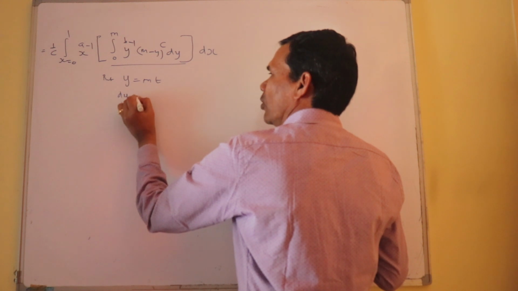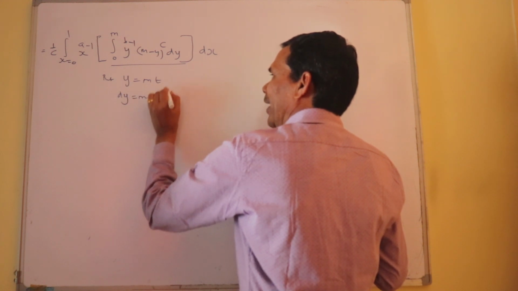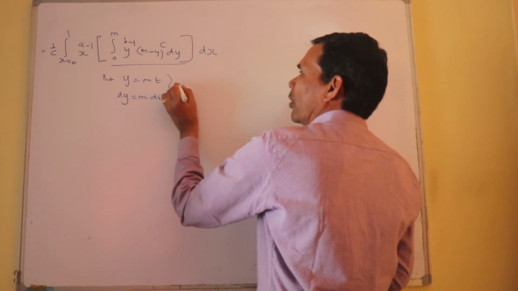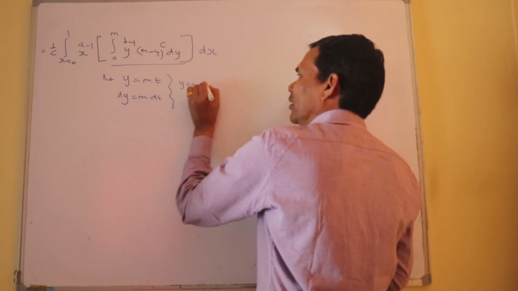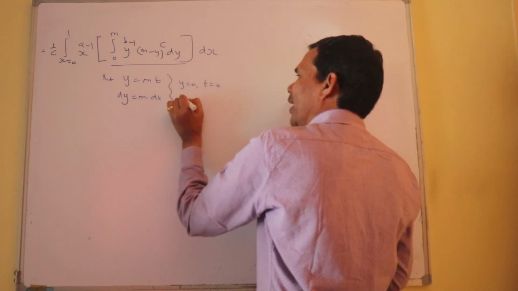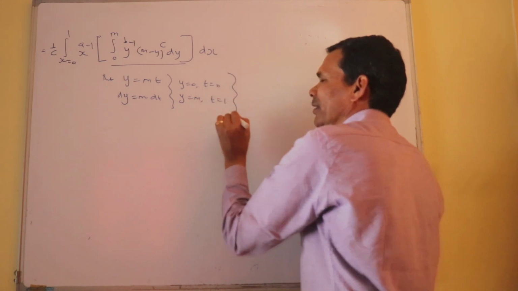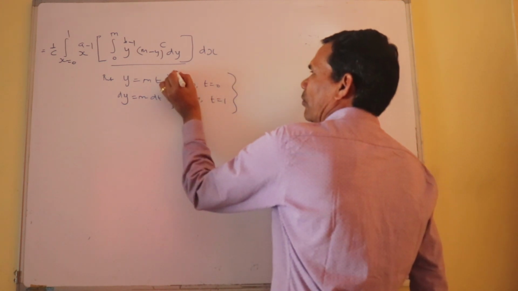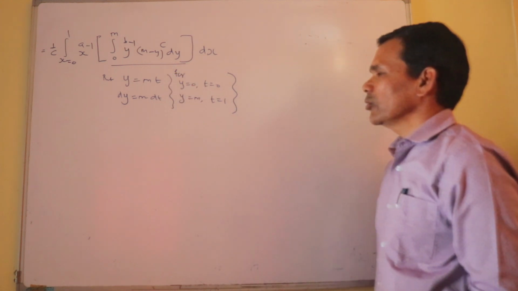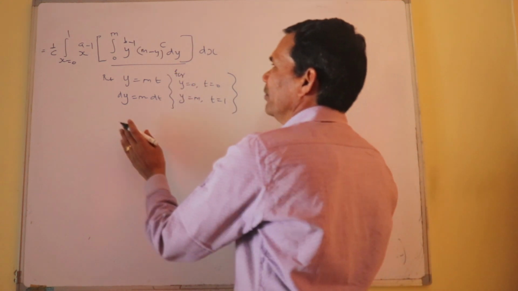So dy is equal to m into dt, and the limits would be: for y equal to 0, t is equal to 0; for y equal to m, t is equal to 1. So these are the limits you are getting there.